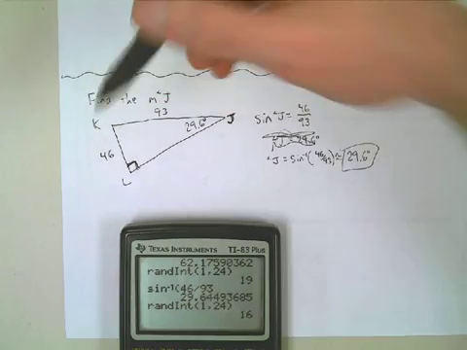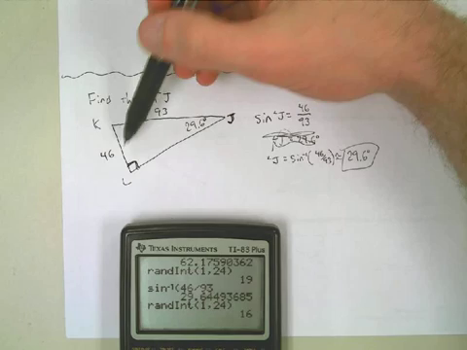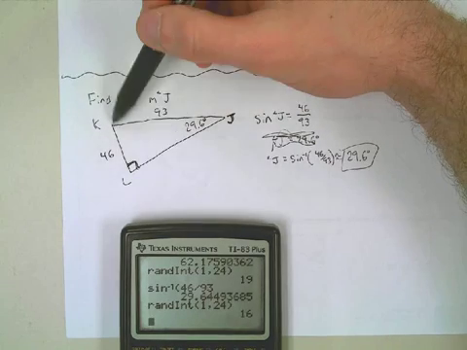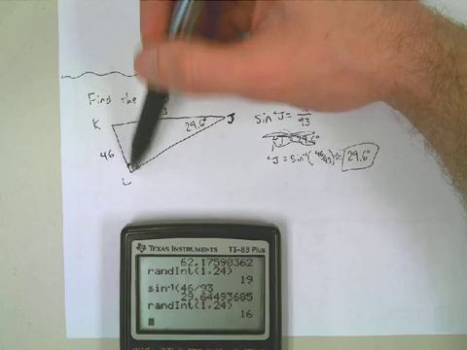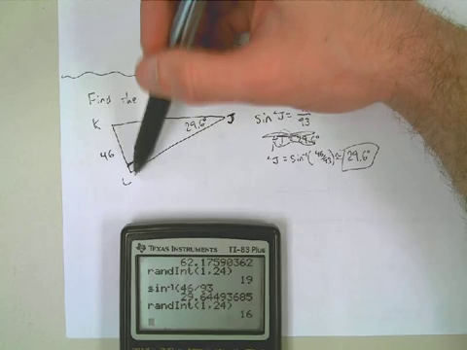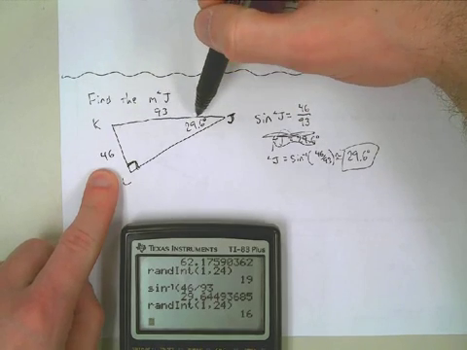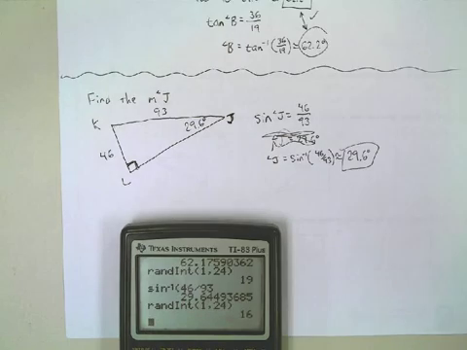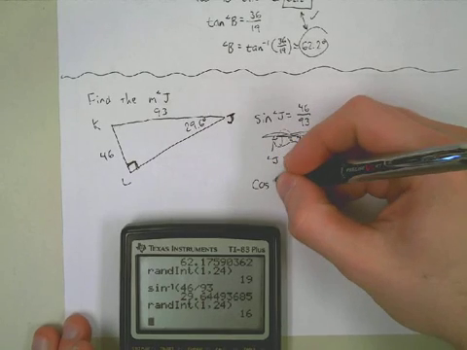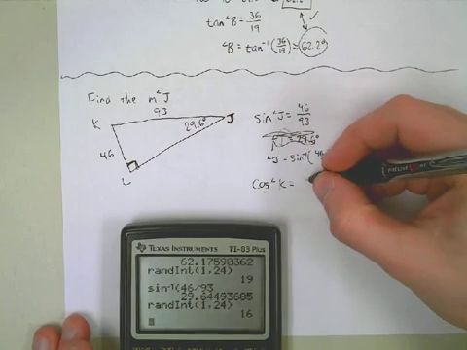Is it the opposite, the adjacent leg, or the hypotenuse of the triangle? Very good. Adjacent leg, and what's the 93? Hypotenuse. So what trig ratio has adjacent leg and hypotenuse? Cosine. So we're going to write cosine of angle K equals adjacent leg 46 over hypotenuse 93.